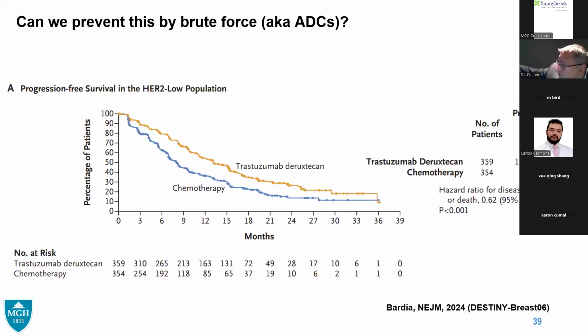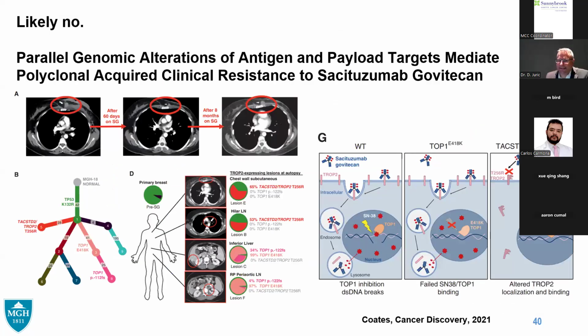Can we use brute force? So now there are these ADCs, sacituzumab, trastuzumab deruxtecan, DXD. We must be able to kill these tumors by concentrated chemo 200 times inside the cancer cell. This is a paper we published about how tumors become resistant to ADCs. And look what's happening. Some lesions develop resistance to the drug by becoming resistant to the payload, essentially acquiring mutations in topoisomerase.